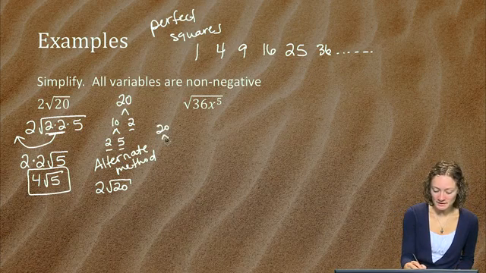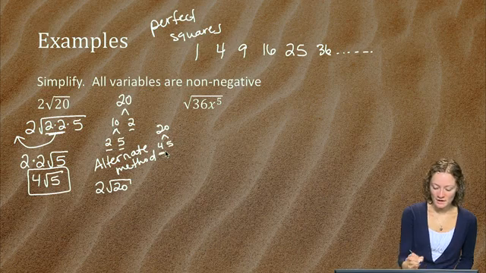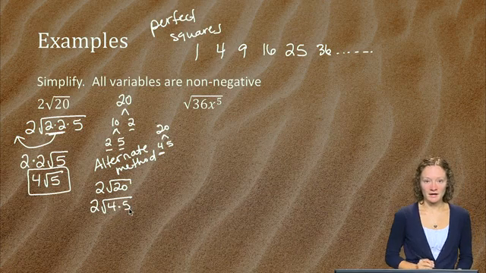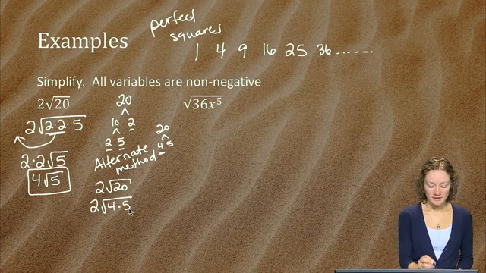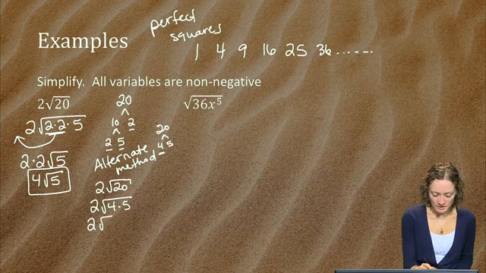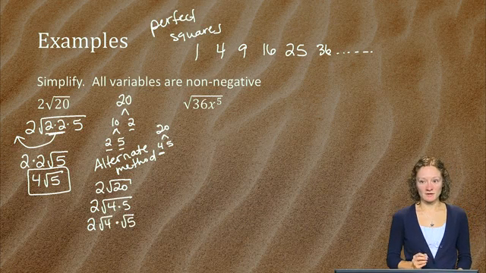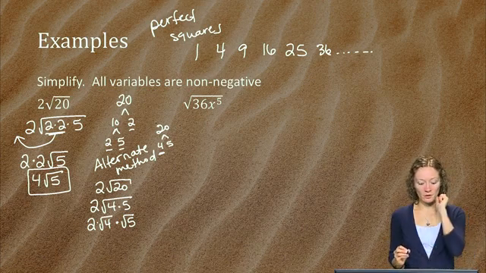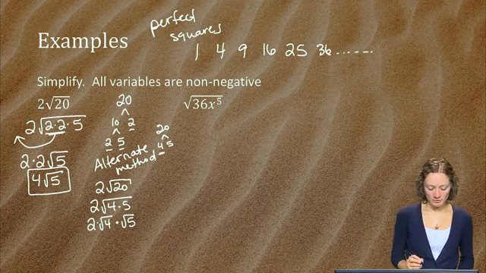If we took 20 and started with 4 and 5, then we see the perfect square. So instead of writing 20, we could write 4 times 5 underneath. Then use the product rule to break these into 2 separate radicals. So we have 2 on the outside, and then there's a square root of 4 and a square root of 5, and they're all being multiplied.